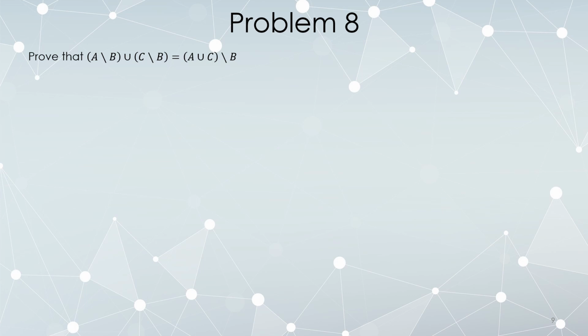For our final problem, we are attempting to show two sets are equal. So to show two sets are equal, there are two steps involved. First, we'll show that the set on the left is a subset of the set on the right. Assume you've done all that.